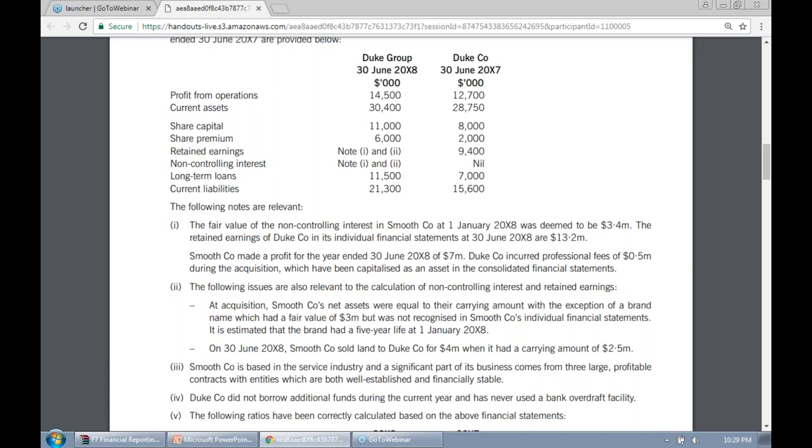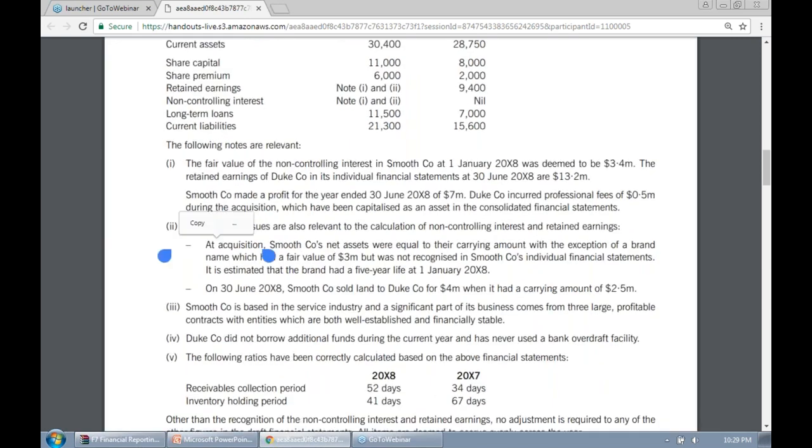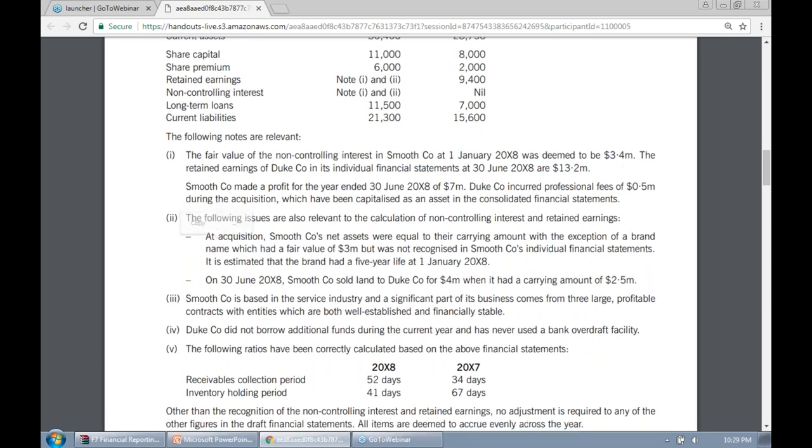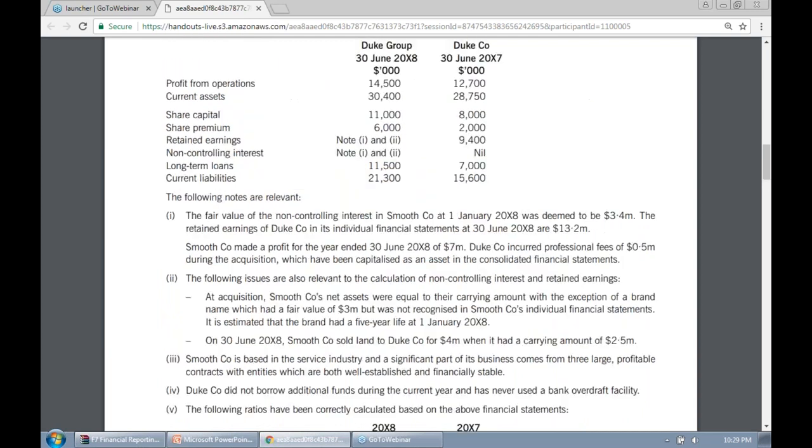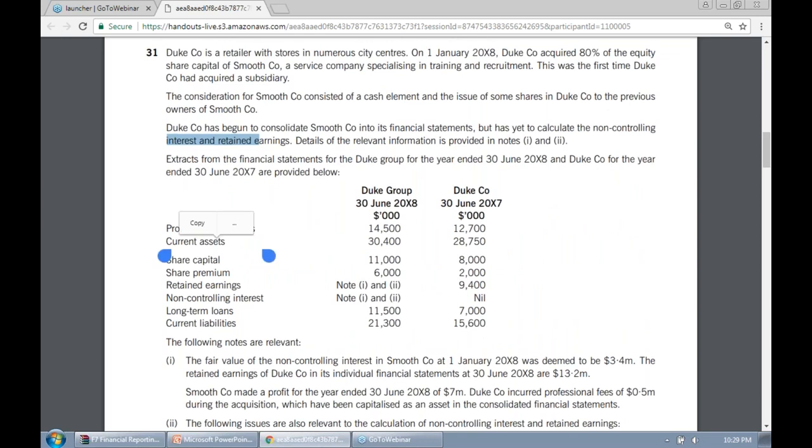Smooth made a profit for the year to 30th June 2008 of 7 million. And the professional fee is given to you, and these are all adjustments through which you have to calculate NCI and retained earnings. But the most important hint for this part of the question is that the company is working in a service industry.